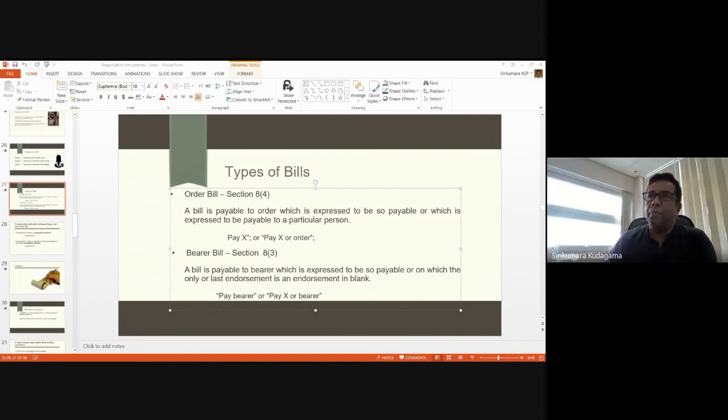Can it become an order bill again? Will it remain a bearer bill for the rest of its lifetime, or can it become an order bill as well?